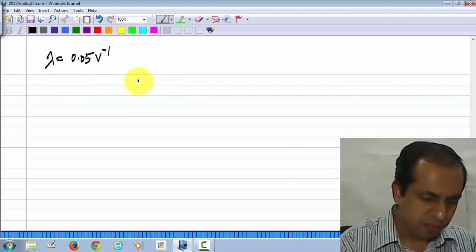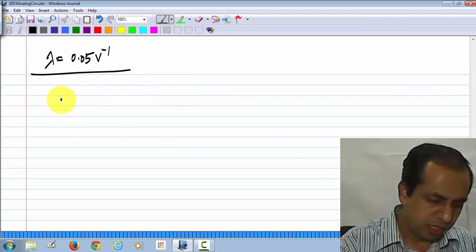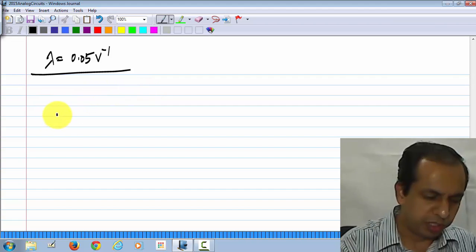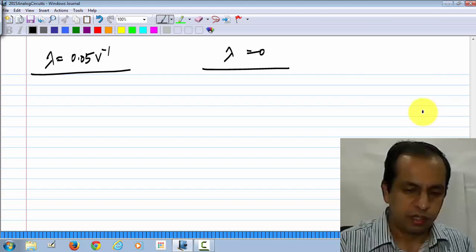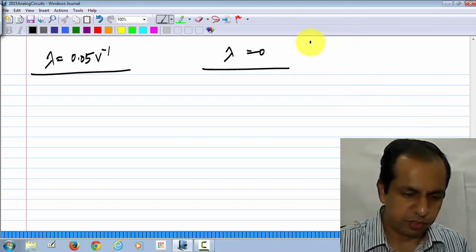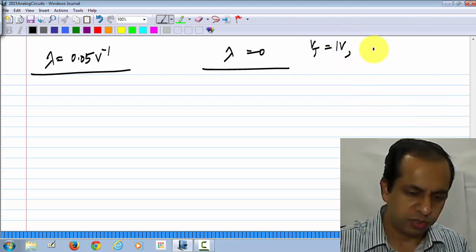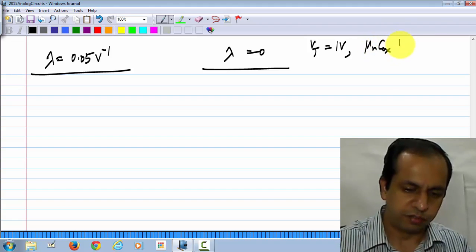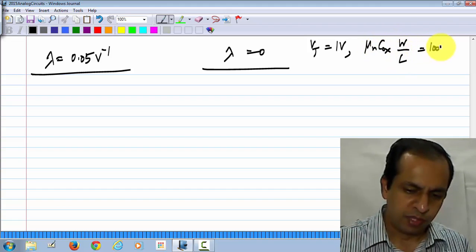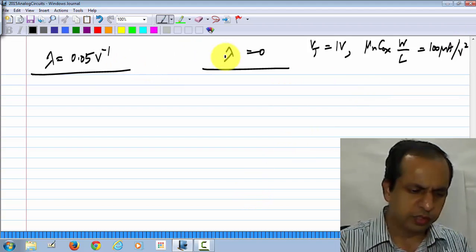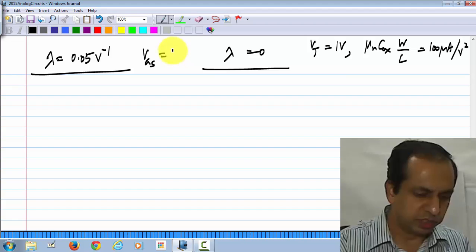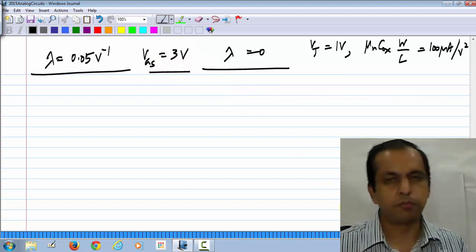Okay. Now, let me first assume that lambda equal to 0 and calculate everything, and I will use the same transistor as I have always been using, with a threshold voltage of 1 volt and a current factor of 100 microampere per volt square, and I will use an operating point VGS to be 3 volts.